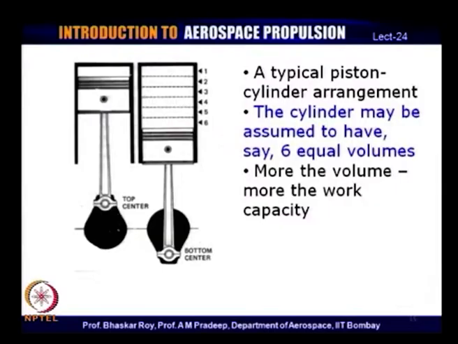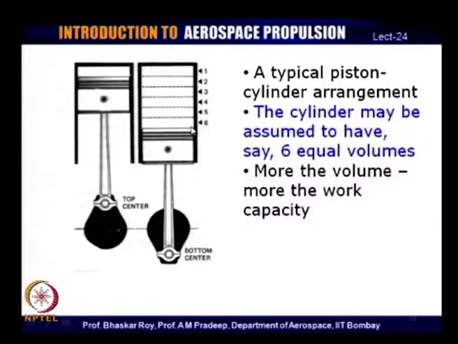Now, if we look at, let us say all over again, a typical piston cylinder arrangement, as we have seen here quickly, this is the volume of the cylinder which we are talking about, and the cylinder is often typified or specified by its volume.